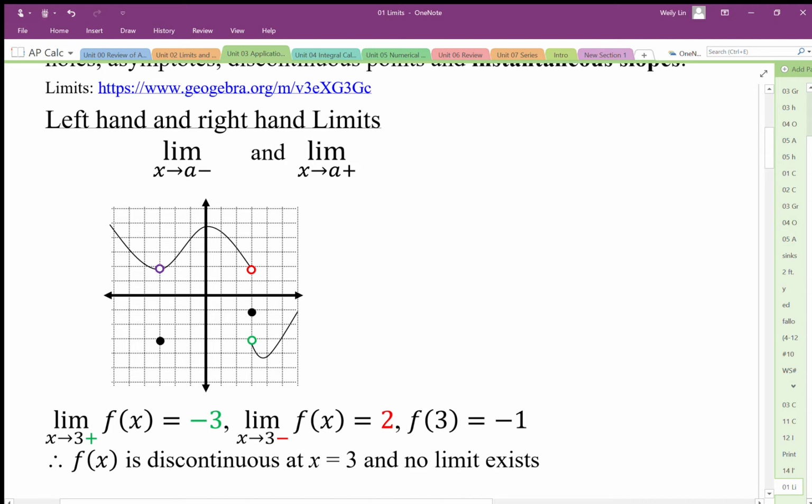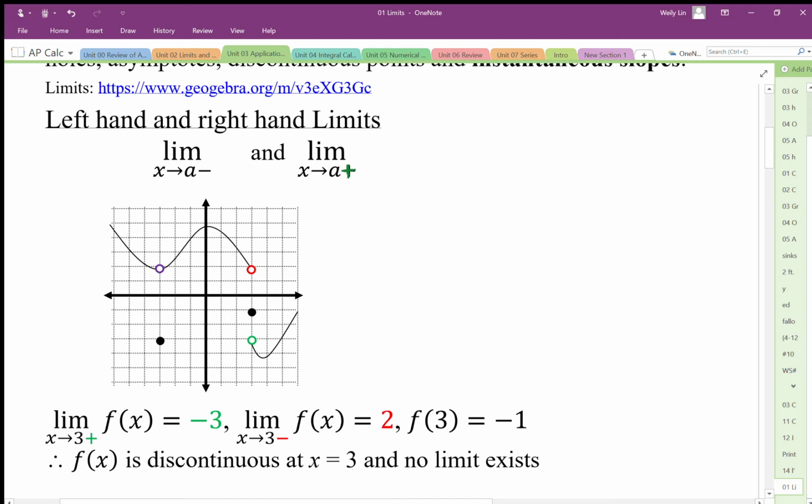If you take a look at some of these points, for example, this first point at x equals 3, notice that as we approach 3 from the positive side, the value of that function is different than as we approach from the left-hand side. So we use these right and left-handed limits. Here, I'm just going to start with a right-handed limit.